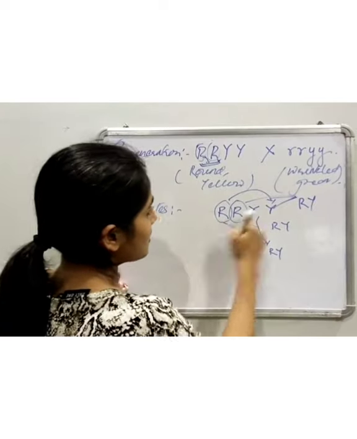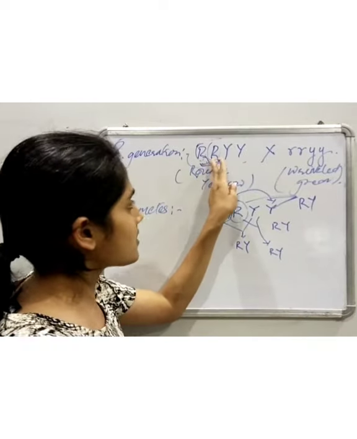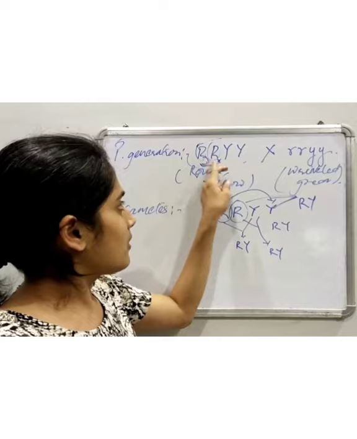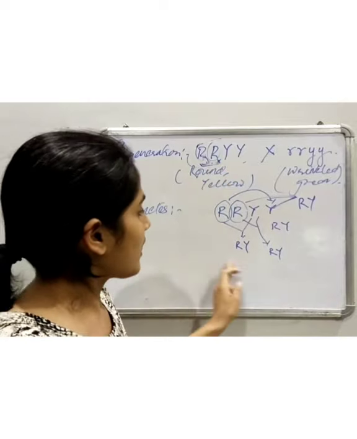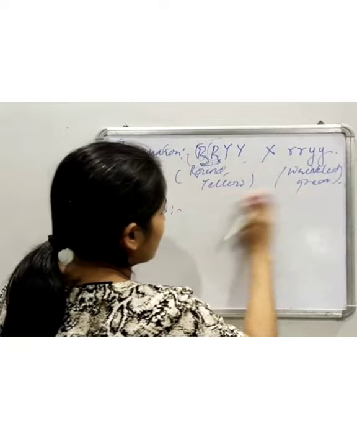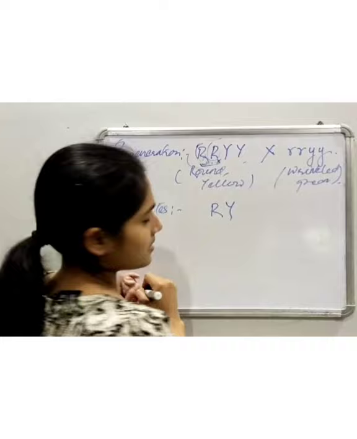Because the genotype is such that both the pairs of factors are the same, every time you are getting this one. So for ease and clarity, this is the gamete.